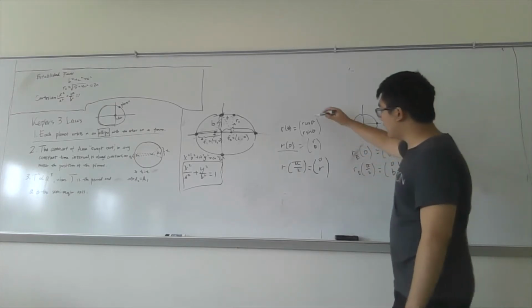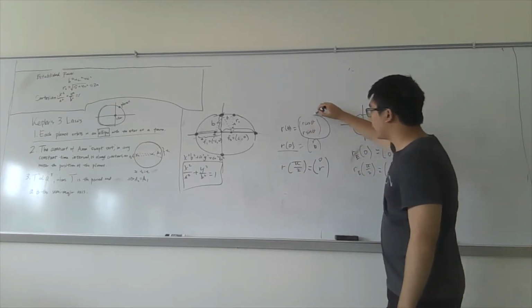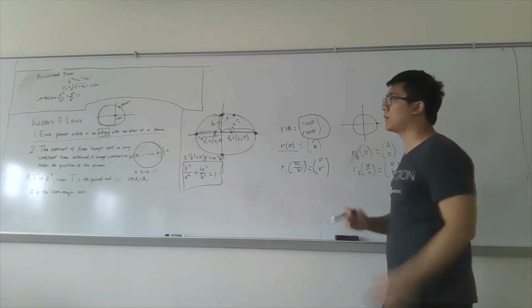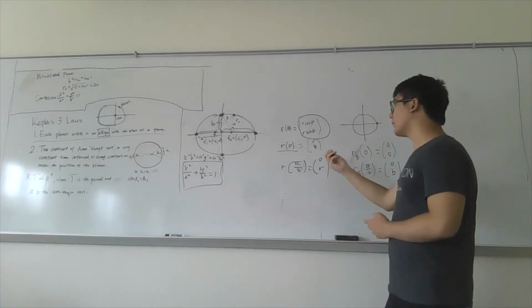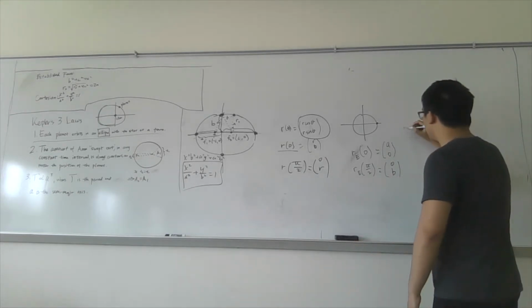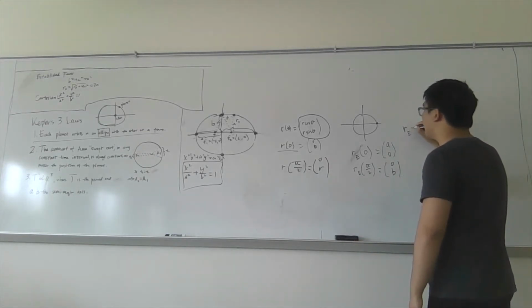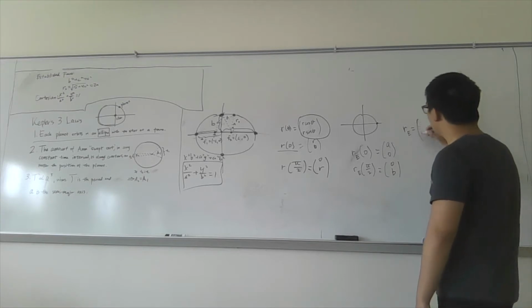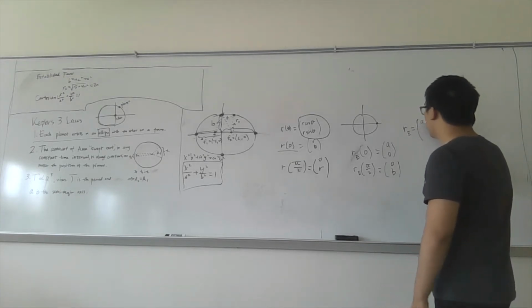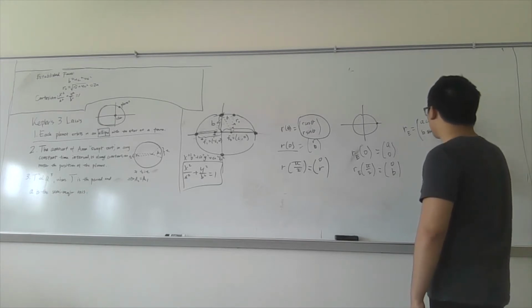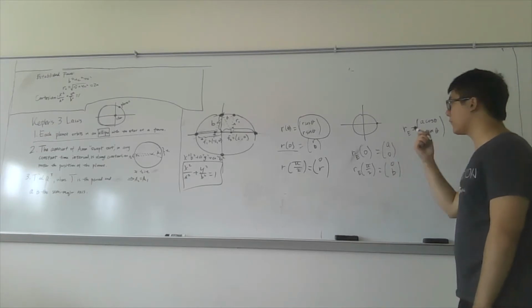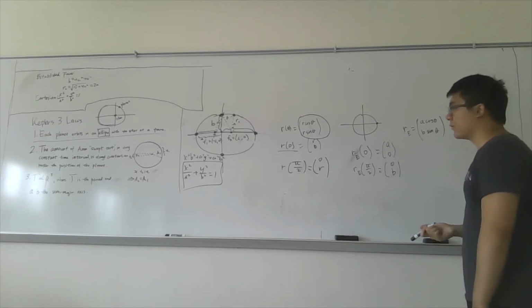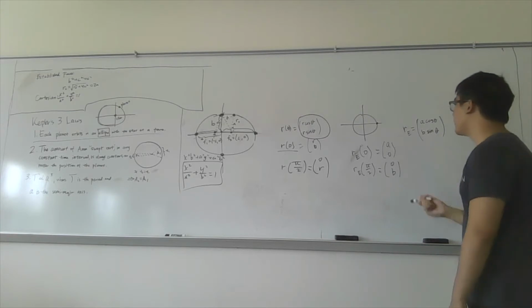If we expect our equation to be in the form of a scalar times a trigonometric function, then we can easily guess our parameterization to be a cosine theta, b sine theta. Because if we evaluate this at theta equals 0, we get a, 0. Similarly, at pi over 2, we get 0, b.